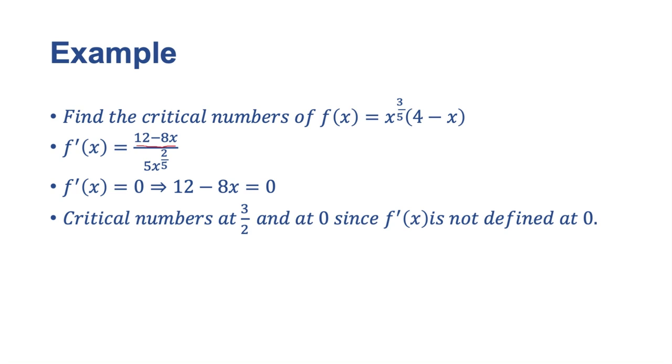So we're going to have a critical number at 3/2 by this equation here, but then also at 0, since our f prime function is not defined at 0. So those are our critical numbers of our function. That's all we need to do for that example.